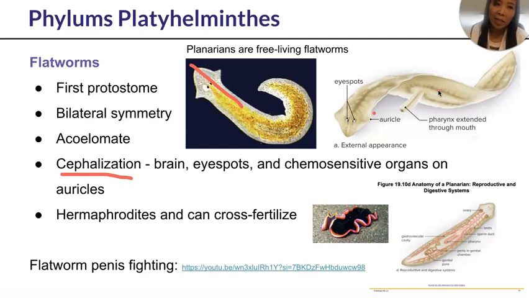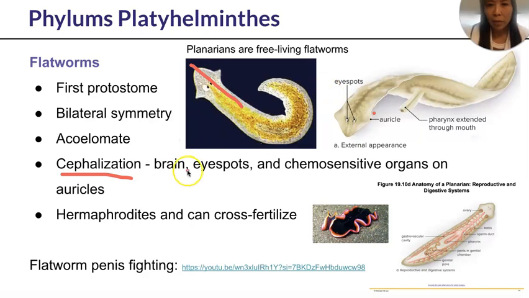What's interesting is they have an incomplete digestive system, so they only have one opening. So the pharynx can act both as a mouth as well as an opening for expelling digestive waste. So they'll also remove waste through that same opening.